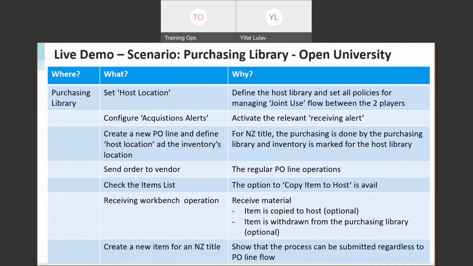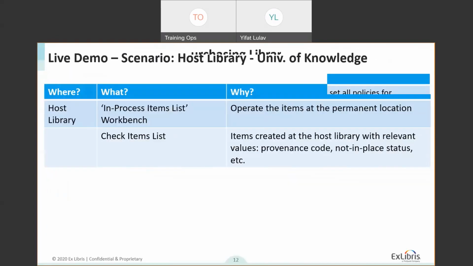And then, okay, at the host library, once it is received at the purchasing library, an item is created at the host library, and we will see how it can go into the in-process item list.